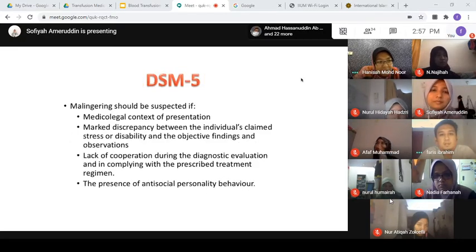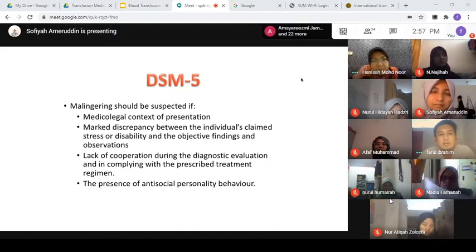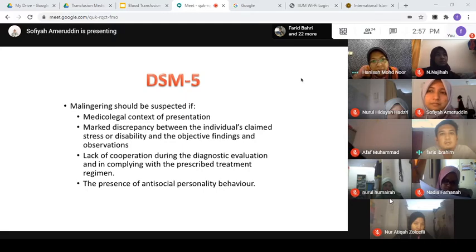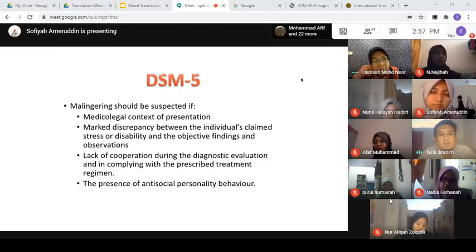Okay, so based on DSM-5, malingering should be suspected if, number one, there is a medico-legal context of presentation. For example, the patient is referred by an attorney to have their health checked. So this is one of the indicators.